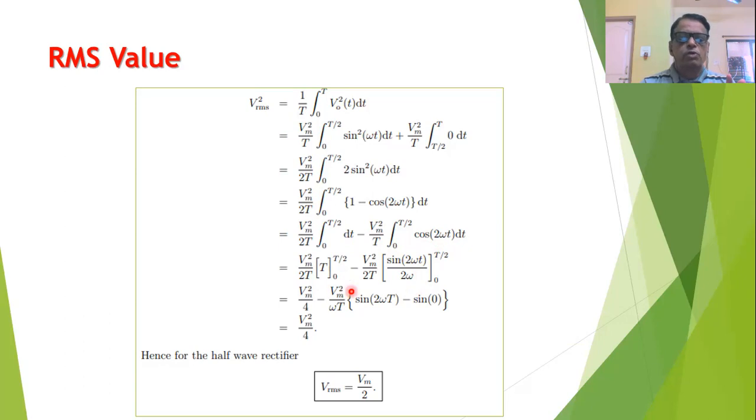So if I substitute the values, then I will get the expression Vm square divided by 4 minus Vm square divided by omega T into sine of twice omega t minus sine of 0. So this is nothing but Vm square divided by 4. And therefore, in the case of a half-wave rectifier, the root mean square value or the RMS value can be given as Vm divided by 2.